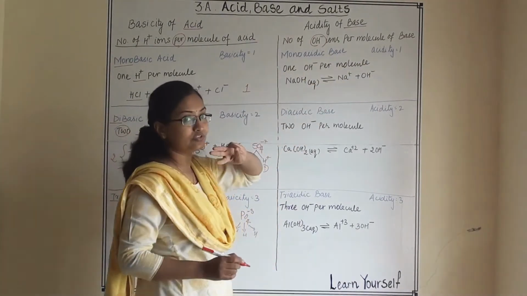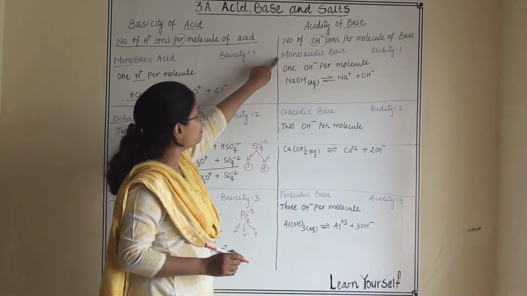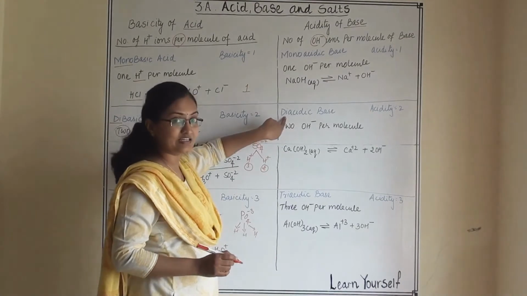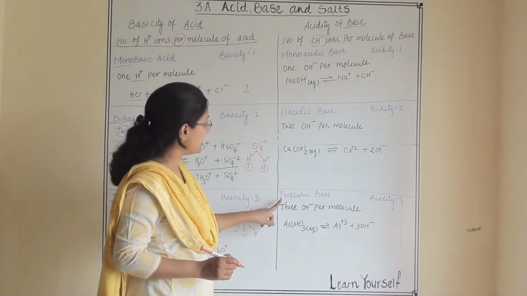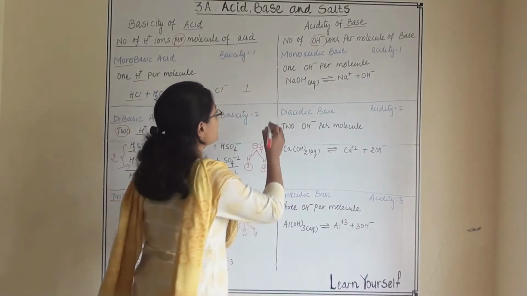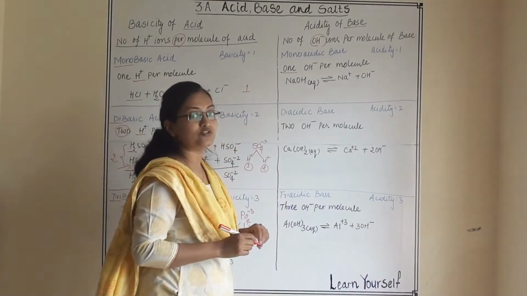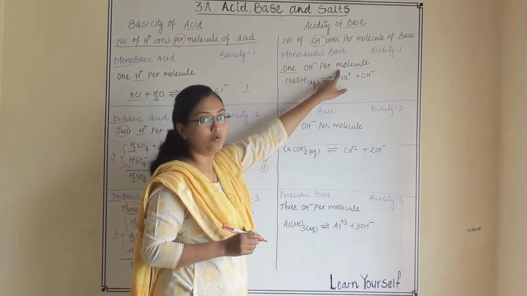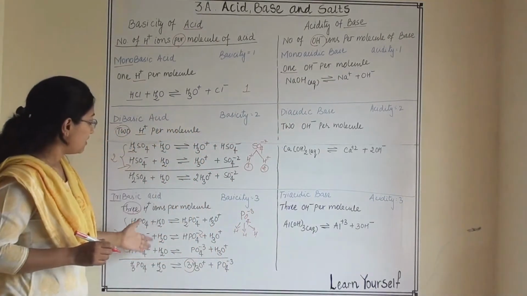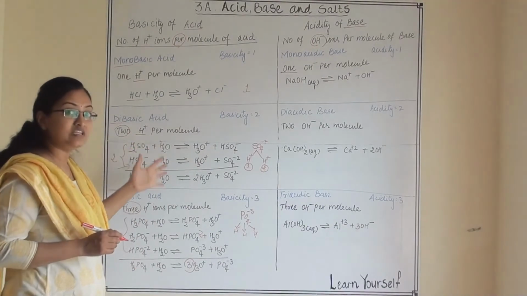In this also there are 3 types: monoacidic base, diacidic base and triacidic base. Monoacidic base means it gives 1 OH minus per molecule. Now here there is a little difference. When an acid dissociates, it needs steps.